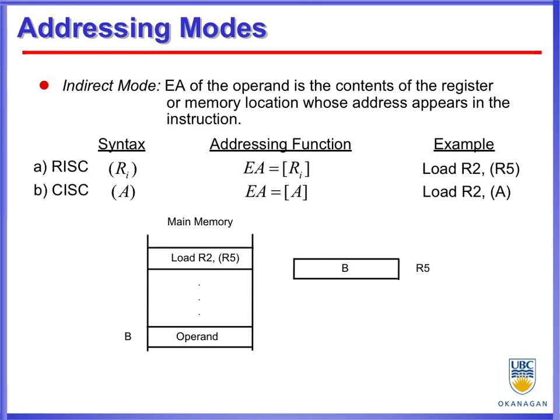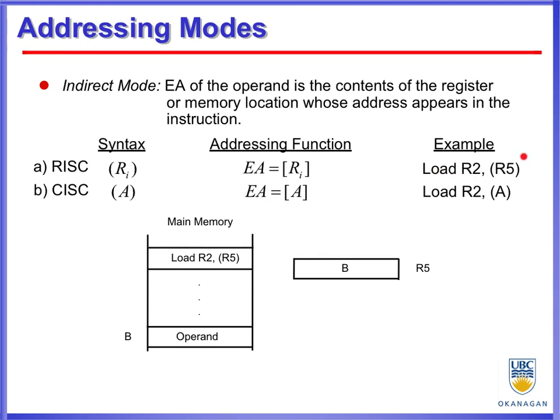The effective address, not the operand, not the number itself, but where the number is stored, is inside that register. So what does register R hold? An address. It's like a pointer, right? A pointer is something that holds an address. In the indirect mode, a register is going to hold an address. Okay, so the effective address in our notation here is equal to the contents. The square brackets mean contents of register Ri is the address of where my operand is stored.